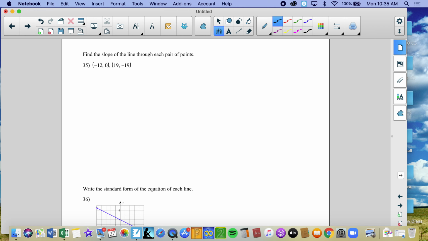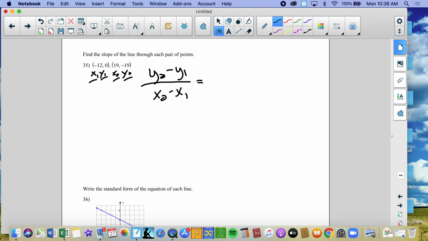Find the slope of the line. Now we move back towards linear stuff. We know that slope is y sub 2 minus y sub 1 over x sub 2 minus x sub 1. So we have x sub 1, y sub 1, x sub 2, y sub 2. The sub means the point. That's the x value in the first point, y value in the first point, x value in the second point, y value in the second point.